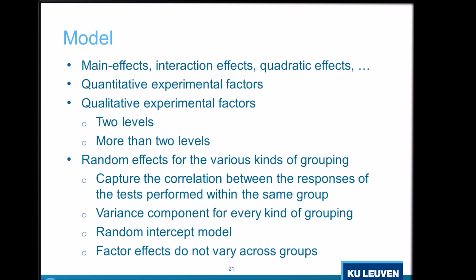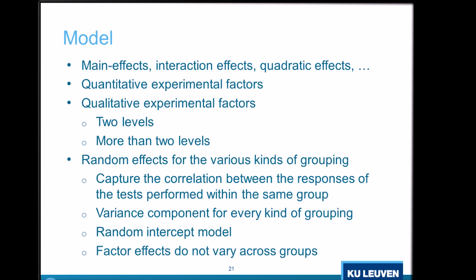And the qualitative experimental factors could have more than two levels, as in the polypropylene example. And then in the model, we also needed random effects to capture the correlation between responses collected within the same group.